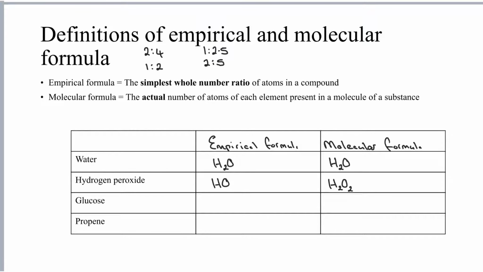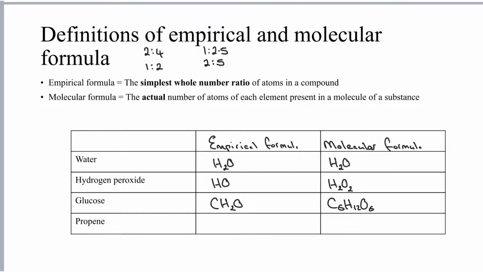Glucose, the molecular formula is C6H12O6. Now 6 to 12 to 6 is not a simplest ratio. Divide by 6 and we get our empirical formula as CH2O. Now propene is C3H6, an alkene.